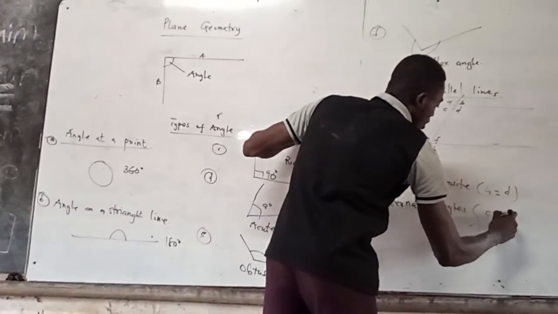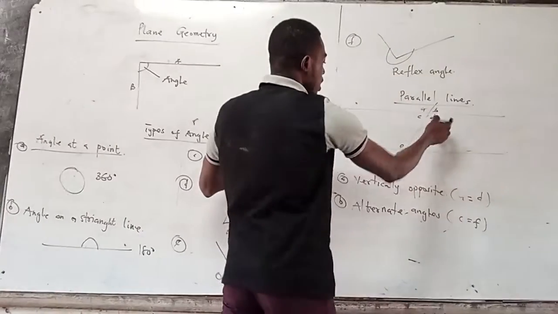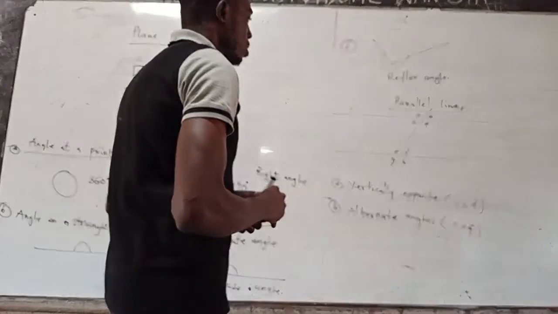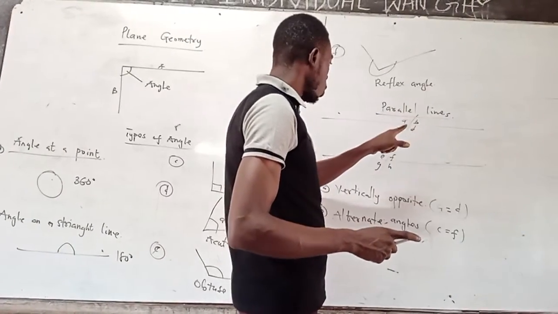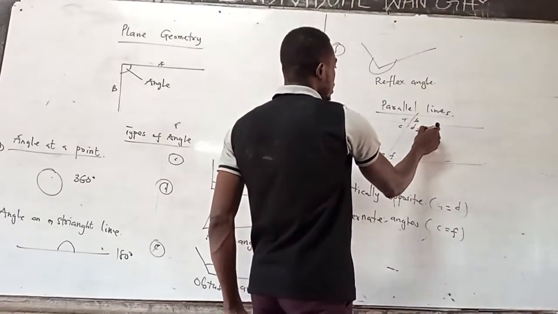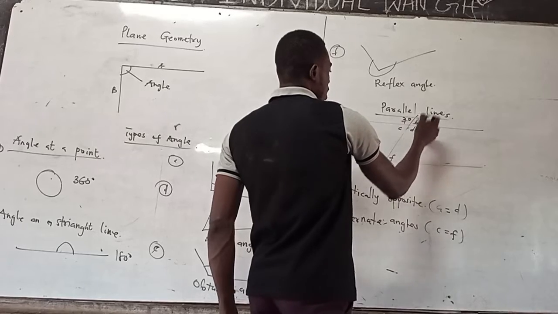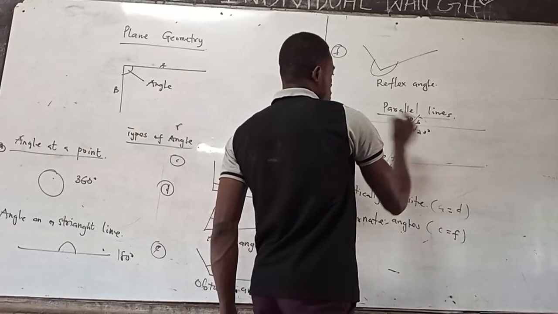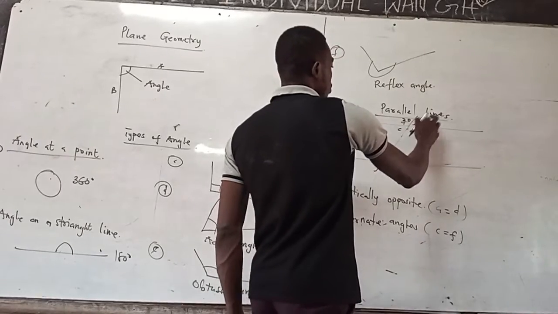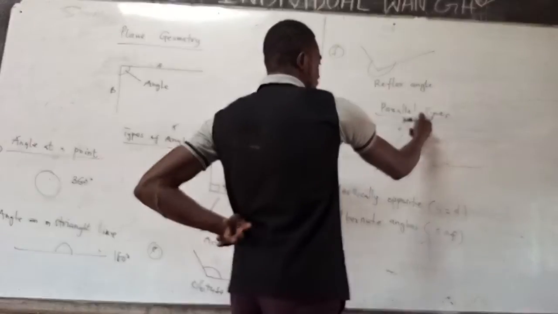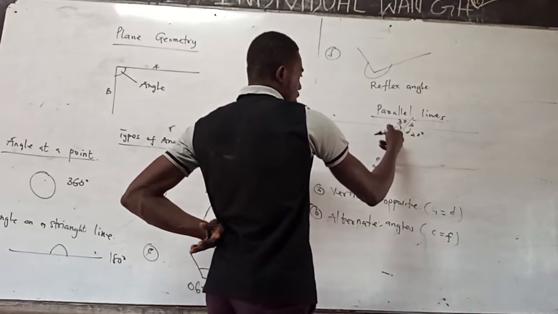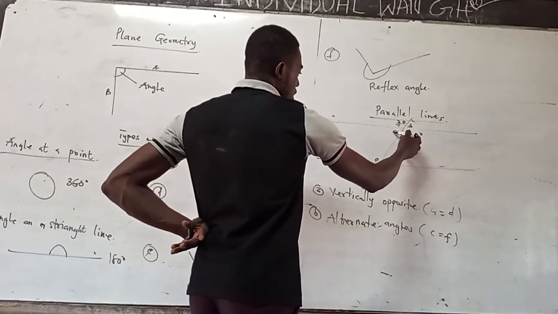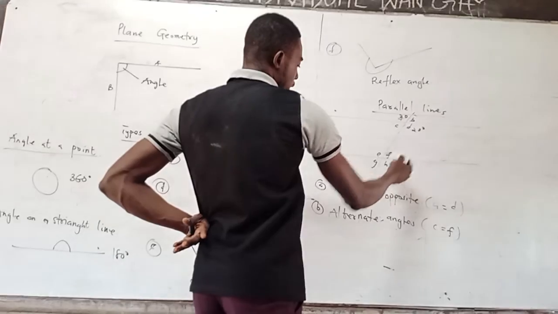So C is equal to F. The same thing, D is equal to E. If this one is opposite and they are equal, if here is 20, here is 20. We said that this sums up to 180, which means that here should be 160. And if 160 is here, this one is also 160. So we can equate it to F. So C is equal to F. That is the alternate.